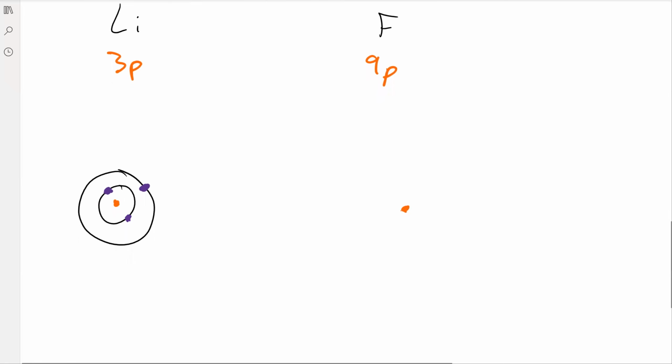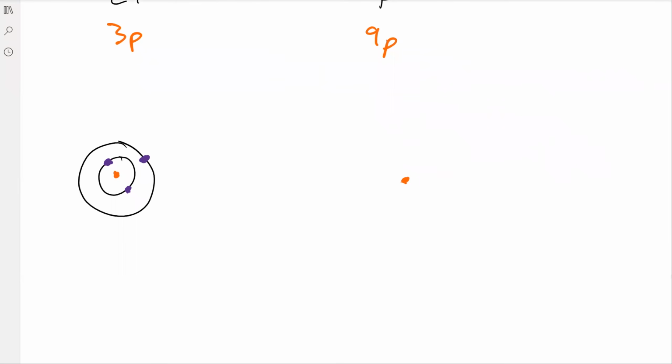We have our n equals 1 orbital with its 2 electrons. And then in the case of lithium, we have just 1 electron in the n equals 2 orbital. If we think about what Z effective here is, we've got 3 protons, and then we've got 2 shielding electrons, so plus 1. So this outer electron just feels essentially 1 proton.